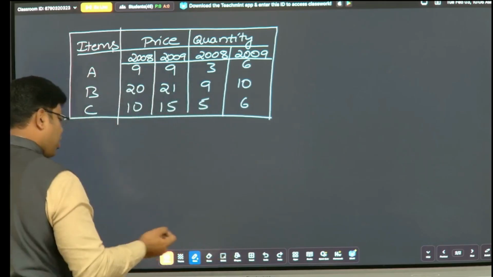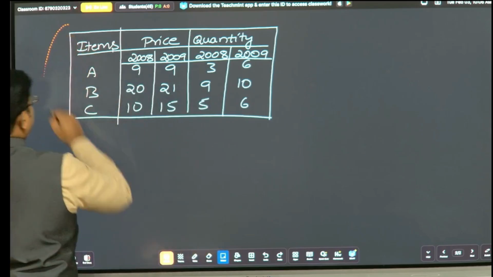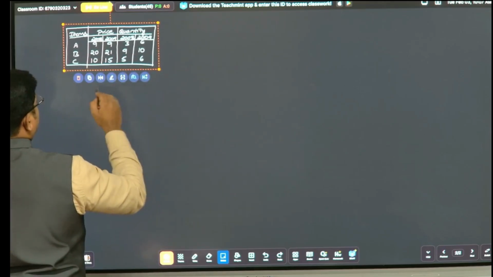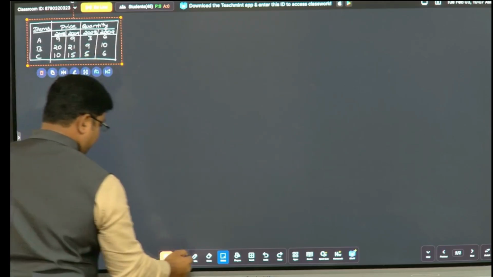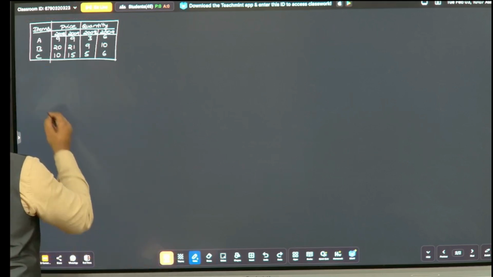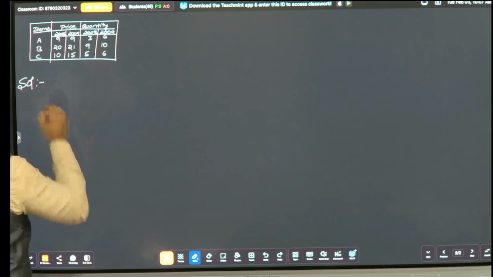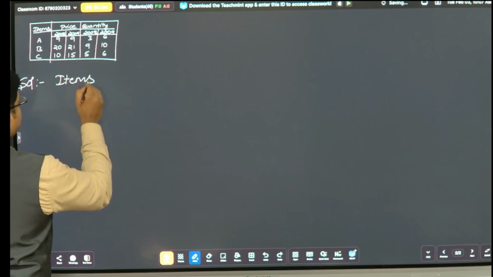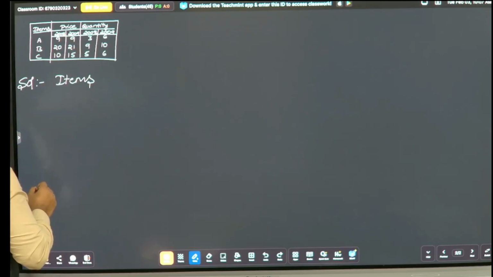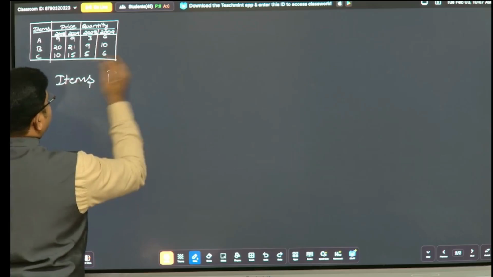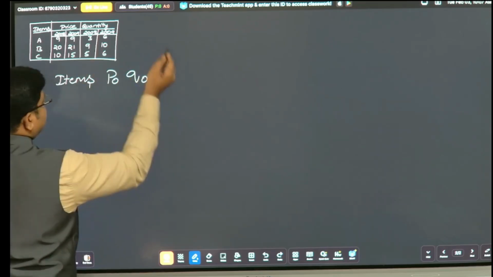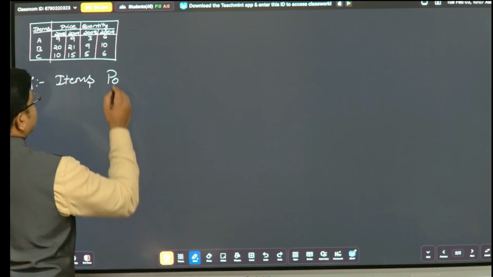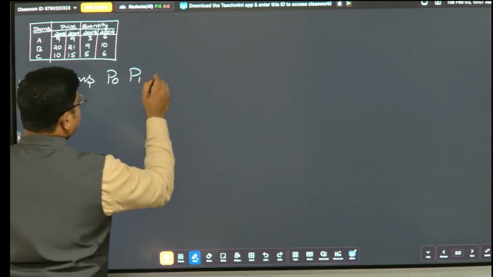For this, we need to have the columns, normal columns. So I'm minimizing this for my reference. For the solution, these are the columns you will get. You can parallelly follow. First column, items. Price in 2008 denoted as P0. Next, Q0. Next, P1.